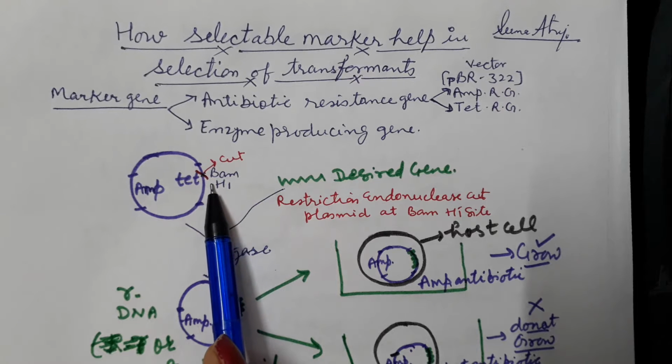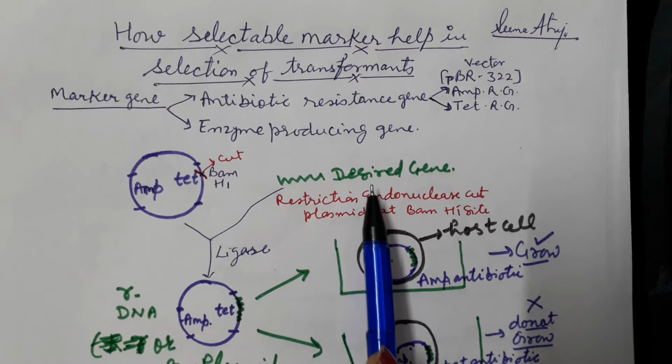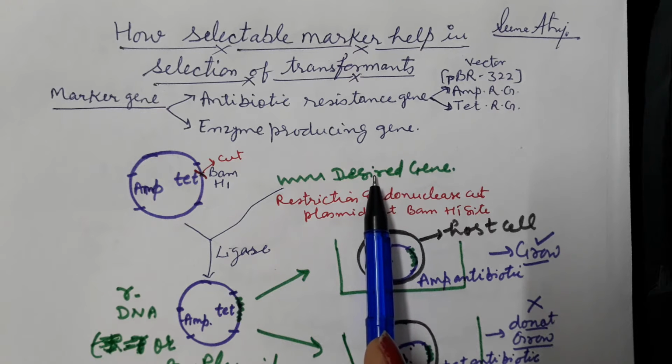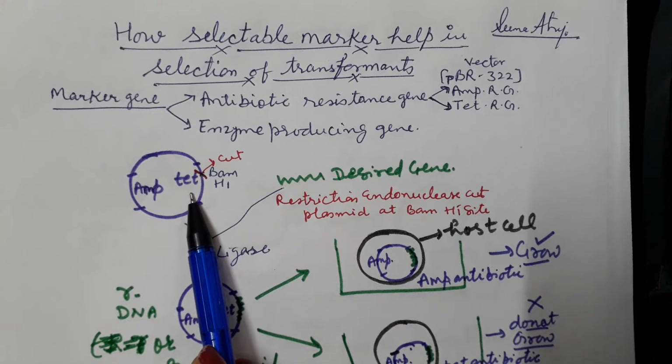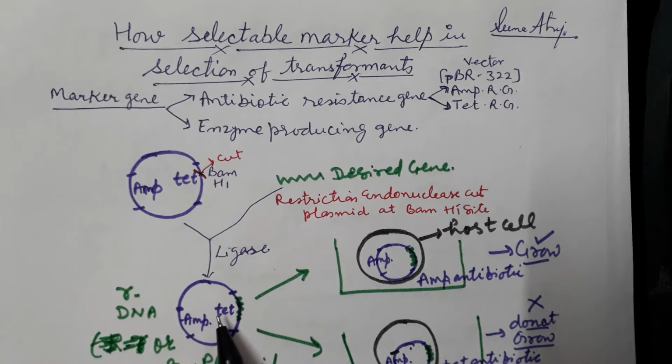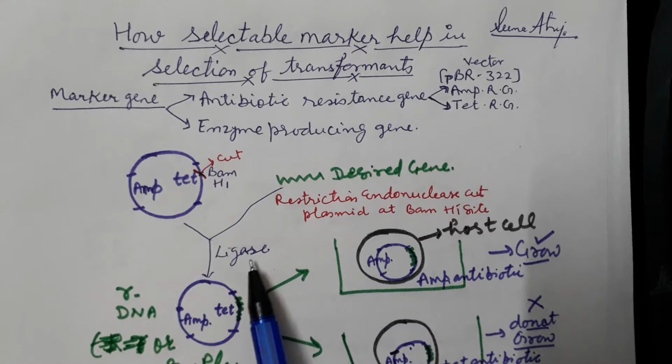Along with this, we have a restriction endonuclease enzyme, the desired gene which we want to insert in this vector to construct recombinant DNA or recombinant plasmid, and also the ligase enzyme.